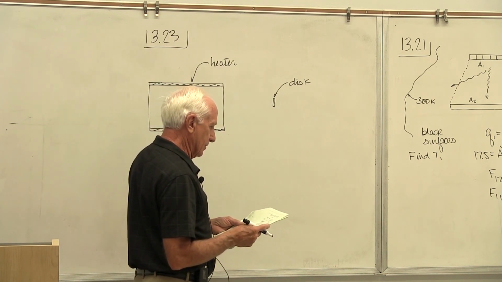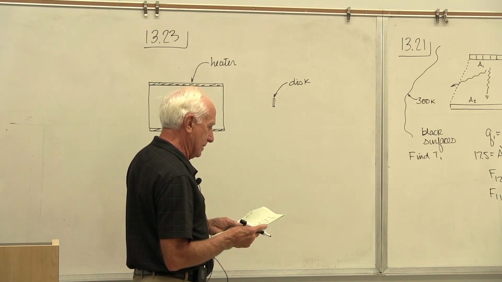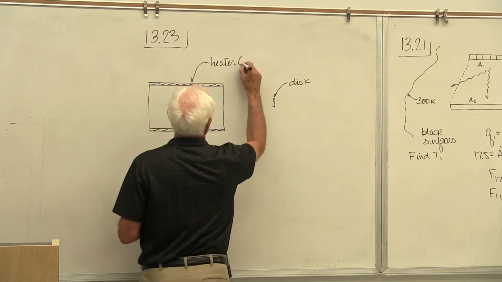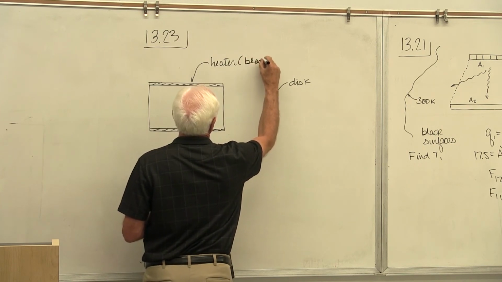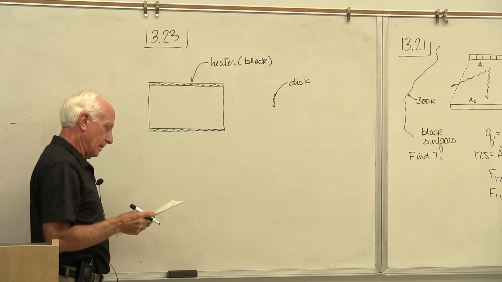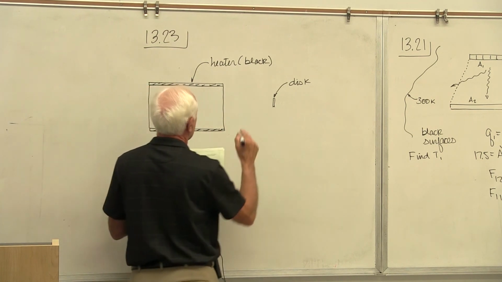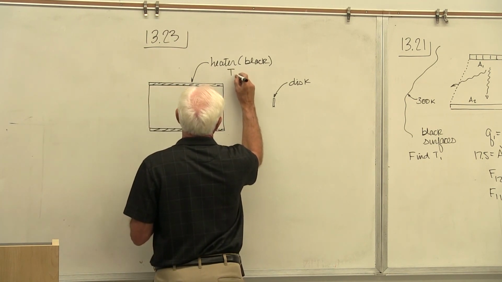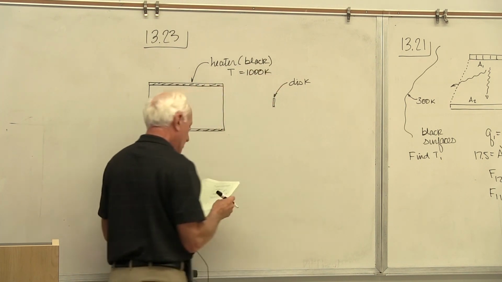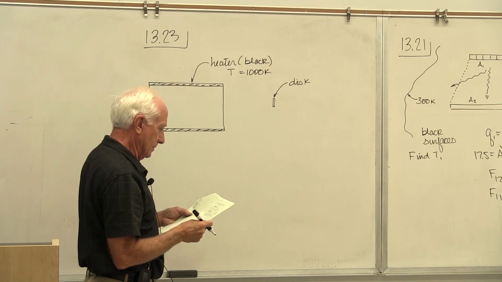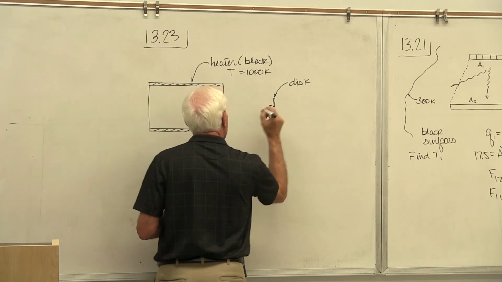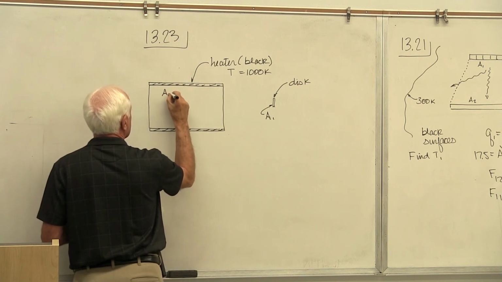The surfaces are black. The heater, assume black surface. The temperature of the surface is 1,000 K. We're going to call this surface A1, and we'll call the heater surface A2.